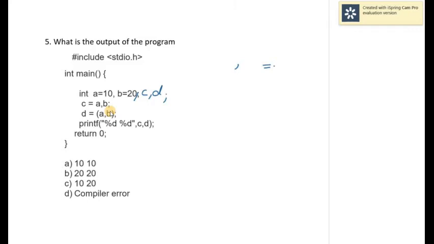The assignment operator has higher precedence than the comma operator, so the assignment will be performed first. Comma has low precedence and the assignment operator has high precedence. So the high precedence operator will be performed first. So the value of a will be assigned to c. So c value will become 10.